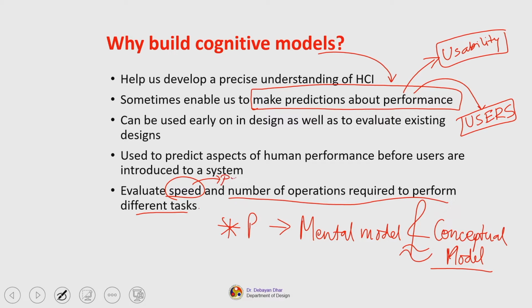Again, one of the major factors of performance. And the number of operations, we will discuss that, the number of operations it takes to complete an activity, to complete a task, to reach a goal. Therefore, we build cognitive models.